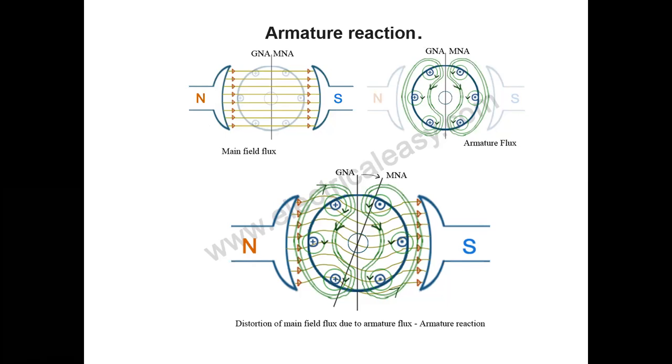Now, the phenomena of demagnetization and cross magnetization effect, the angle theta mechanical and theta electrical conversion, all this will be discussed in the next class. One numerical problem will be discussed after that. The number of conductors comes under demagnetization effect: ATD per pole and ATC per pole.